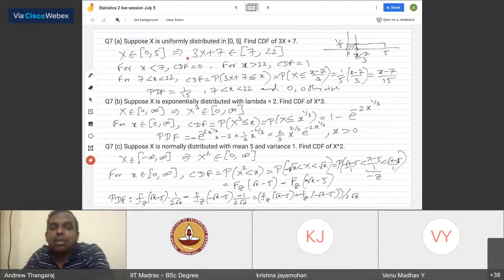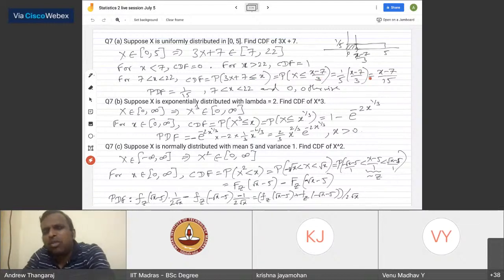Try and see the steps very closely. It's not the easiest, but it's not so twisted. So find the range of values and simply pick a value of x in that range, and then invert this general equation: 3x plus 7 less than or equal to small x, so X is less than or equal to (x minus 7) by 3, and then you do it.